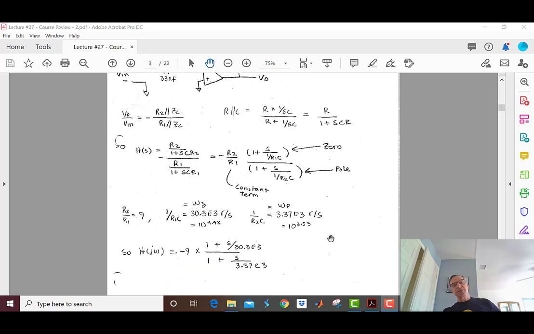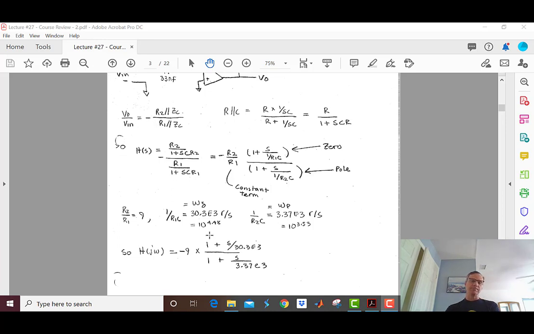Now, on the exams, I insist that you place your break frequencies in the right place on the Bode plot, and you don't have log paper. So what you have to realize is that what is going up linearly on your x-axis is the exponent of the frequency. So when I get my zero frequency, I take the base 10 log, which gives me 4.48.